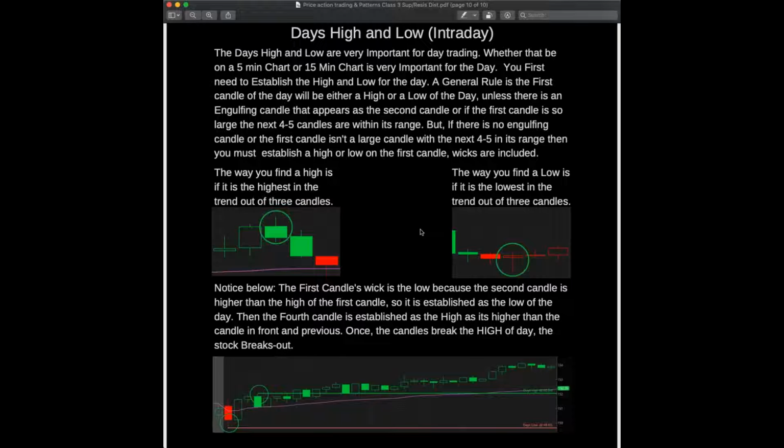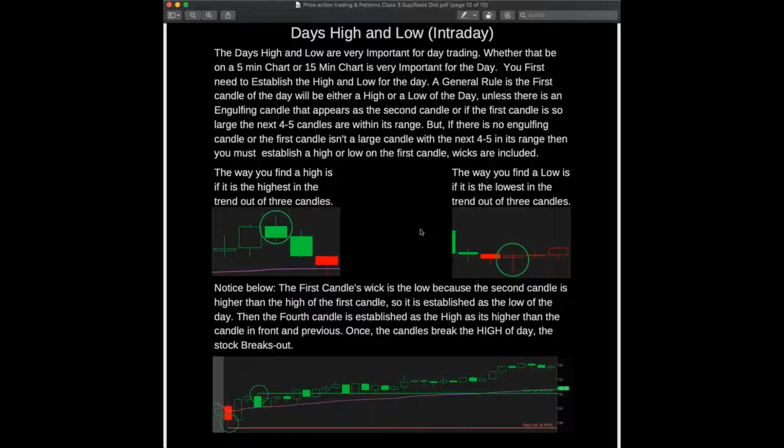Okay, completely engulfs your wicks and everything. Or your first candle is so large that your next 4 to 5 candles are within the range of the first candle. Okay, then your first candle will be your high and your low of the day.